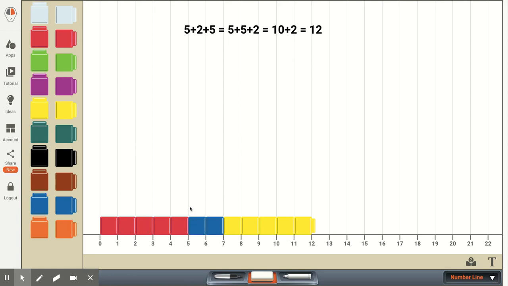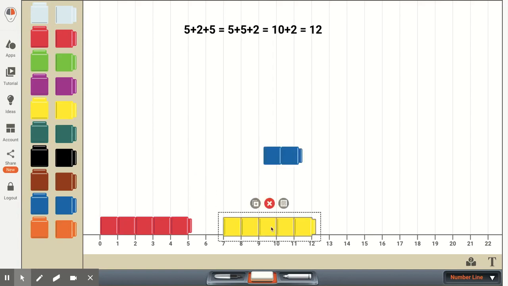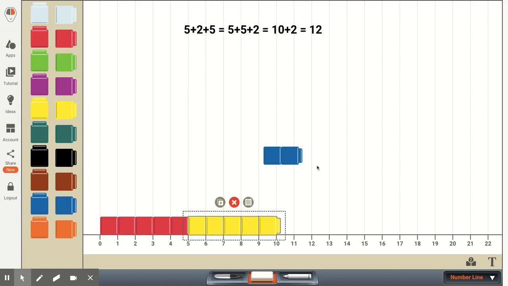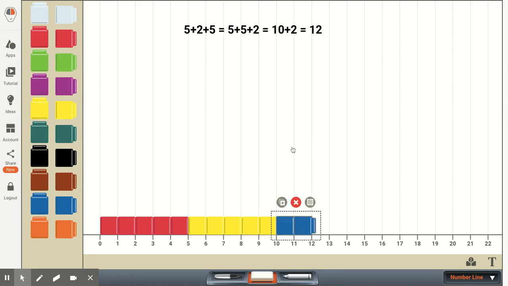And if we switch this around, so if we take our two blue cubes out, and then we move our yellow cubes over, bring our blue cubes down, what we're now showing is we went from 5 plus 2 plus 5, and now we're showing 5 plus 5 plus 2. And in both cases, we had a total or a sum of 12.